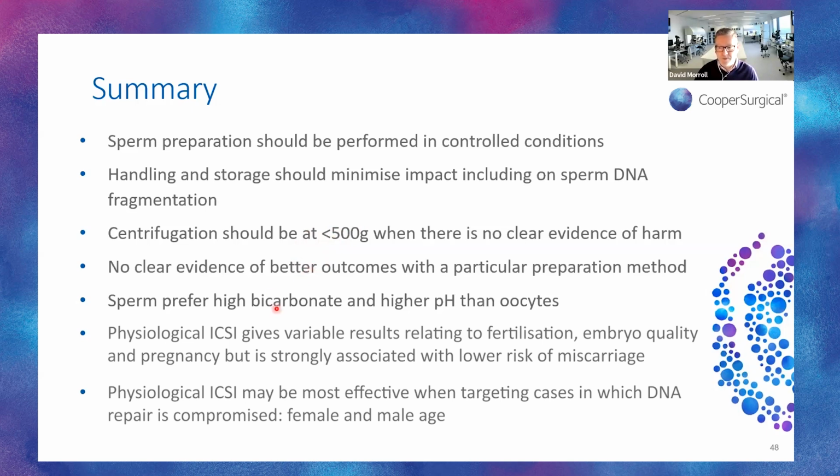Sperm prefer high bicarbonate and higher pH. PIXI, if you look in the data, gives variable results relating to fertilization, embryo quality and pregnancy, but there is this strong association with lowering the risk of miscarriage. And that association is probably indicating that PIXI is most effective when you target cases with high levels of DNA damage and advanced maternal age.